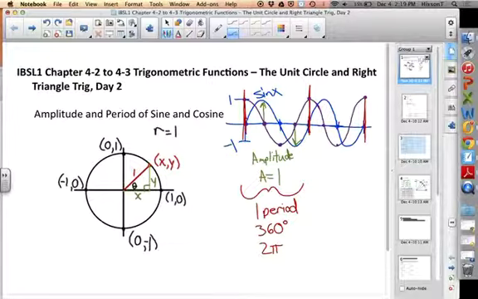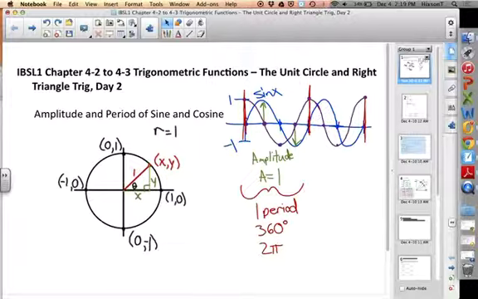Sine starts at 0, cosine doesn't hit 0 until we get to 90 degrees. Okay? So it's shifted 90 degrees, or pi over 2. And we'll see later on that's actually another property that has a name we'll look at.